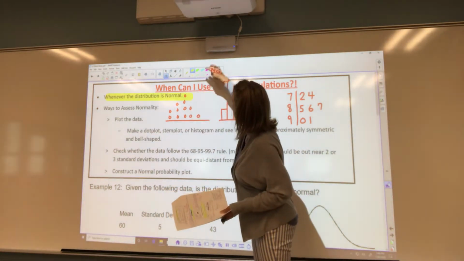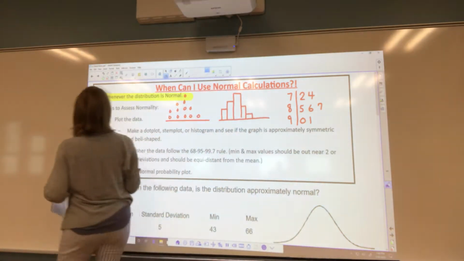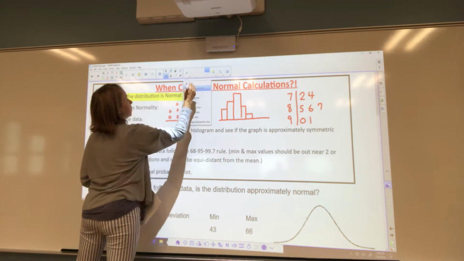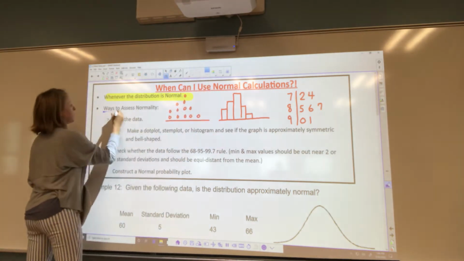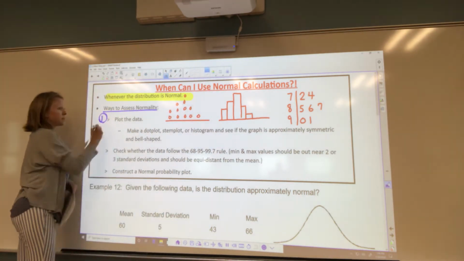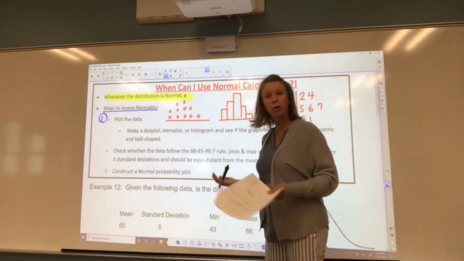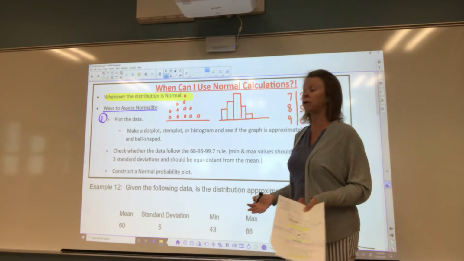We have 3 of them, okay? Option number 1, this is ways that we can assess normality. Number 1 is to take our data set. If they gave us the body of data, we could put it into L1, list 1 on our calculator.